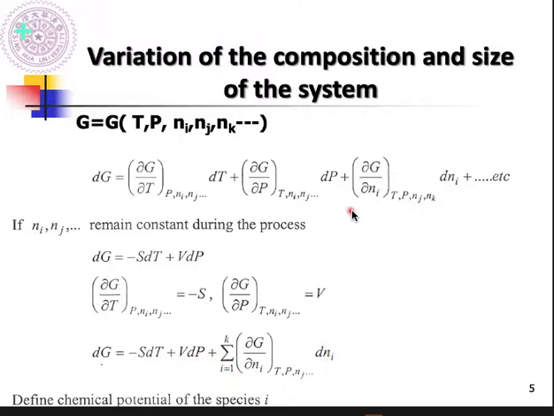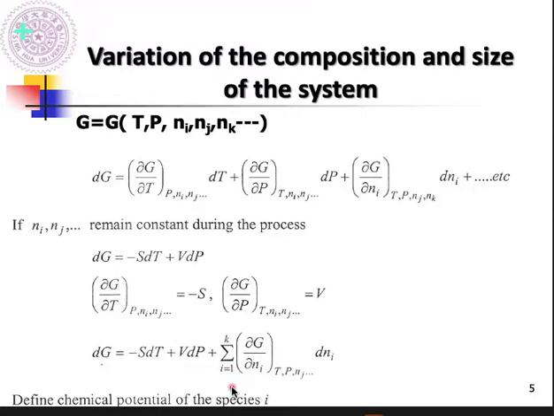This term actually is partial G, partial Ni, dNi, and the rest of the parameters need to be fixed at constant T, P, Nj, and so on. So that means when the number of I atoms changes, that also affects the Gibbs free energy.